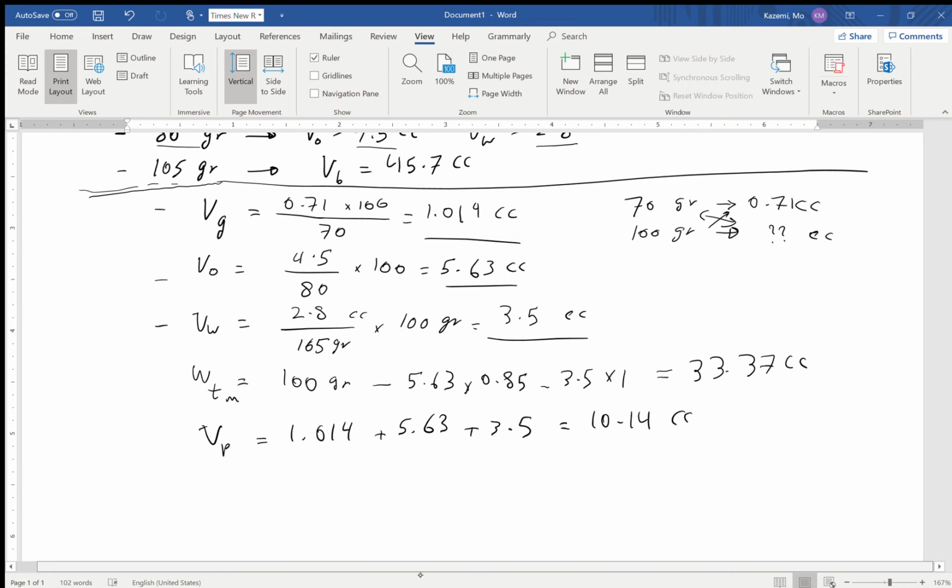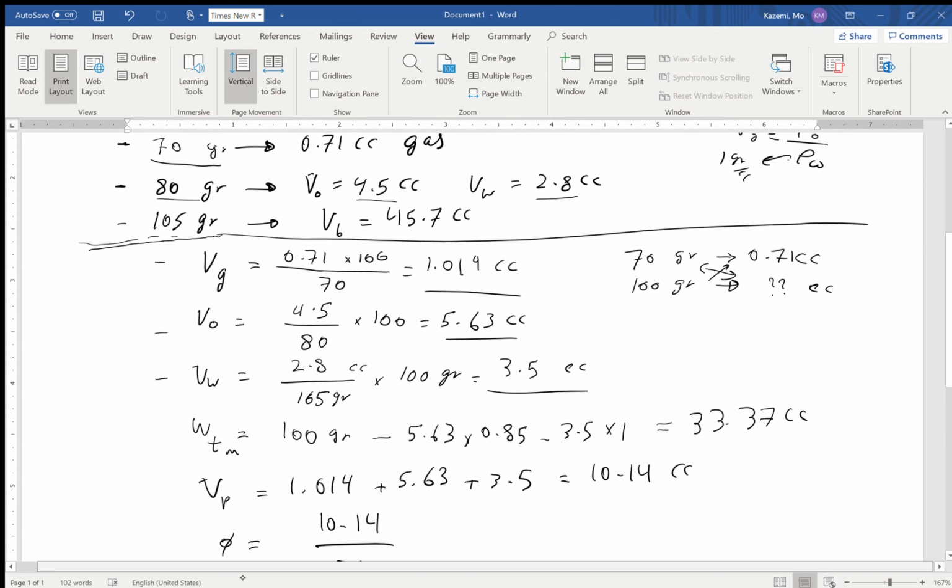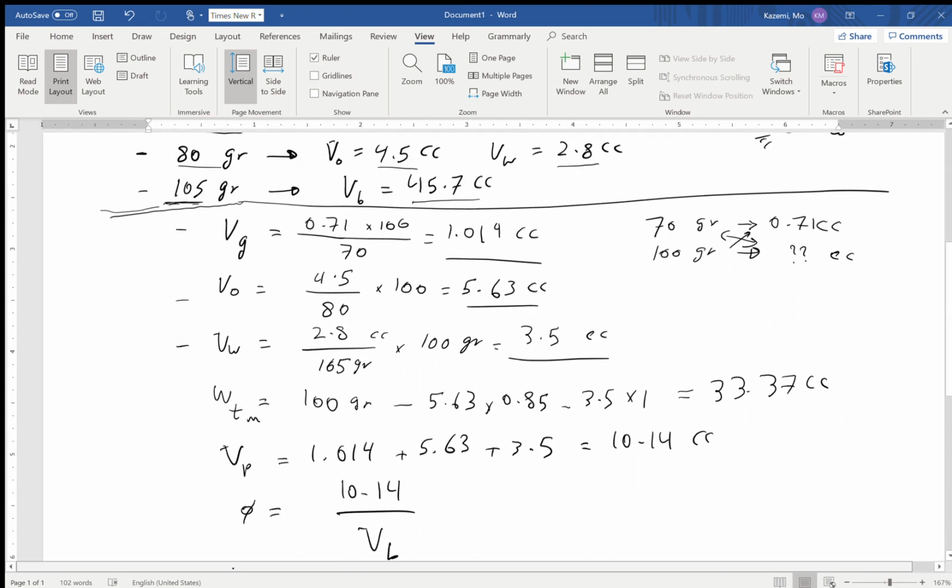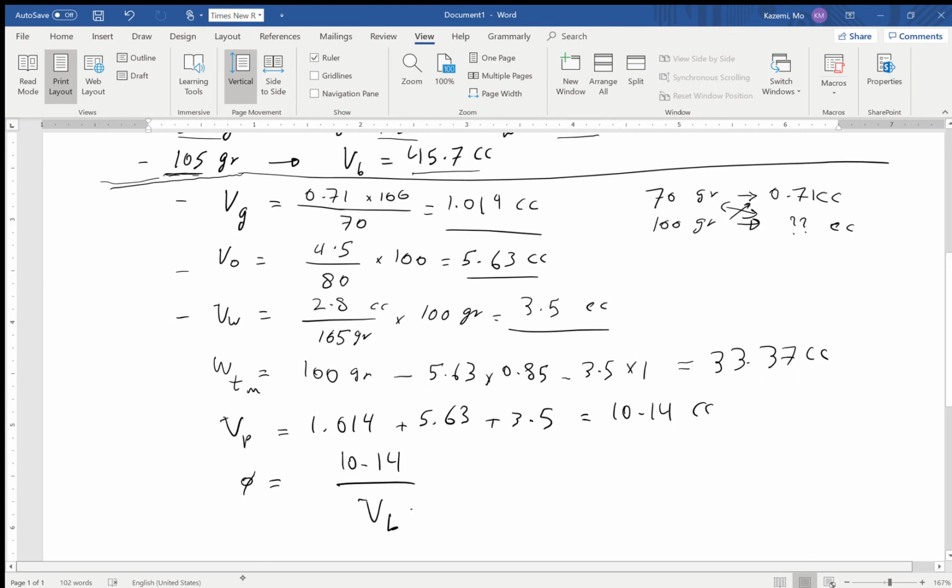Therefore your porosity is 10.14 divided by bulk volume. What is our bulk volume? See that bulk volume here? That's 45.7 cc, but that's for 105 grams of the sample. So you need to calculate the equivalent bulk volume for 100 grams of the sample, and that is 45.7 multiplied by 100 divided by 105.